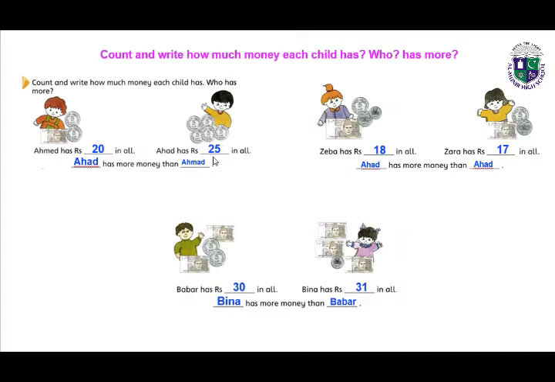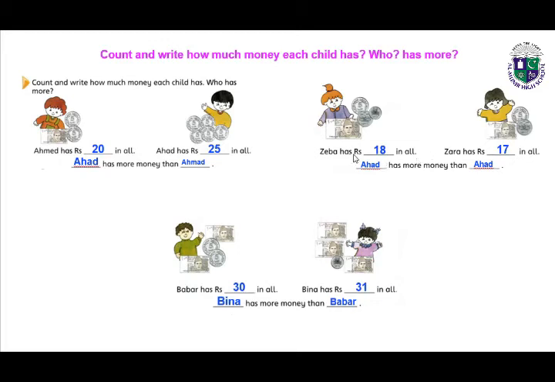So first we count the money of each child, then we find out who has more money. So Ahad has more money than Ahmed.